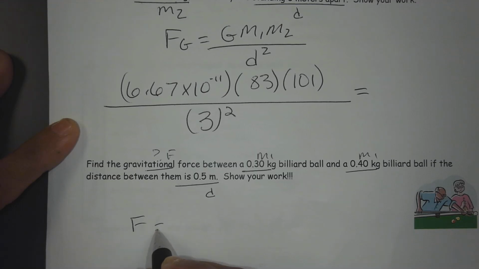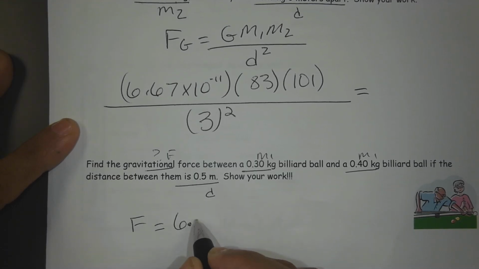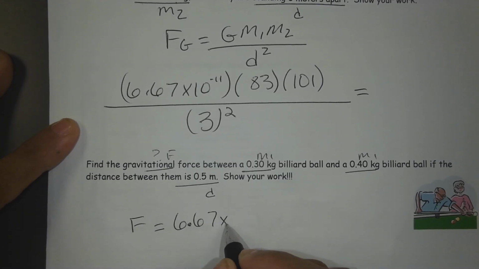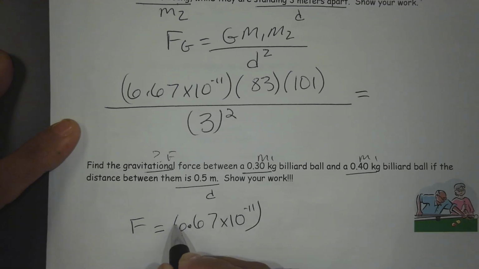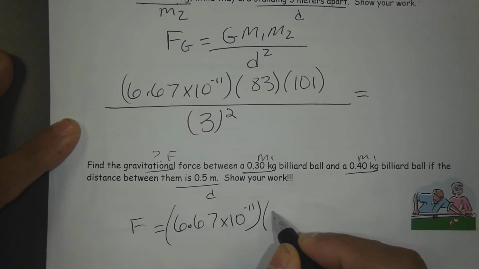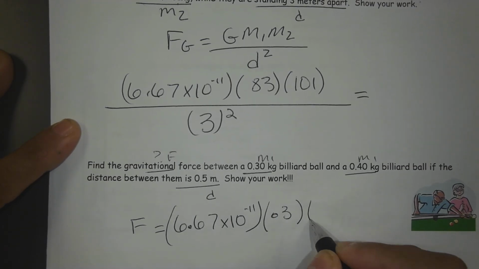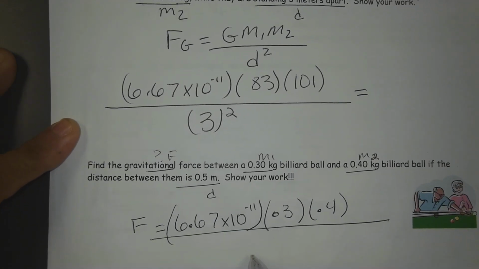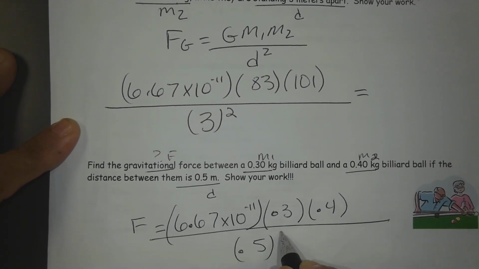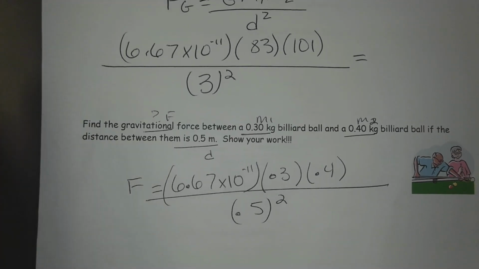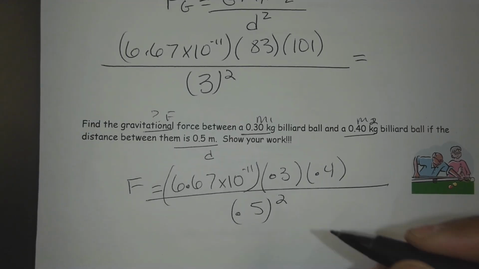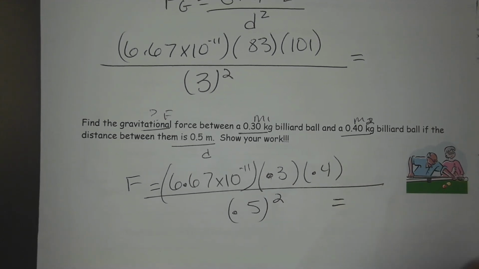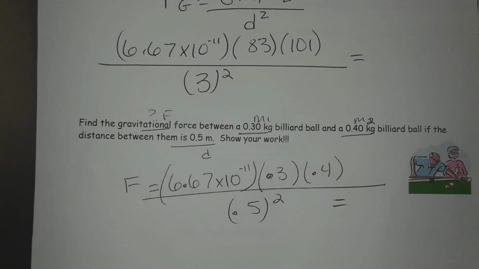Force equals gravitational constant, 6.67 times 10 to the negative 11, times M1, M2, over the distance squared. Again, sometimes we can have small decimal points as numbers. They don't have to be crazy big numbers. Again, all you have to do is finish the math part.